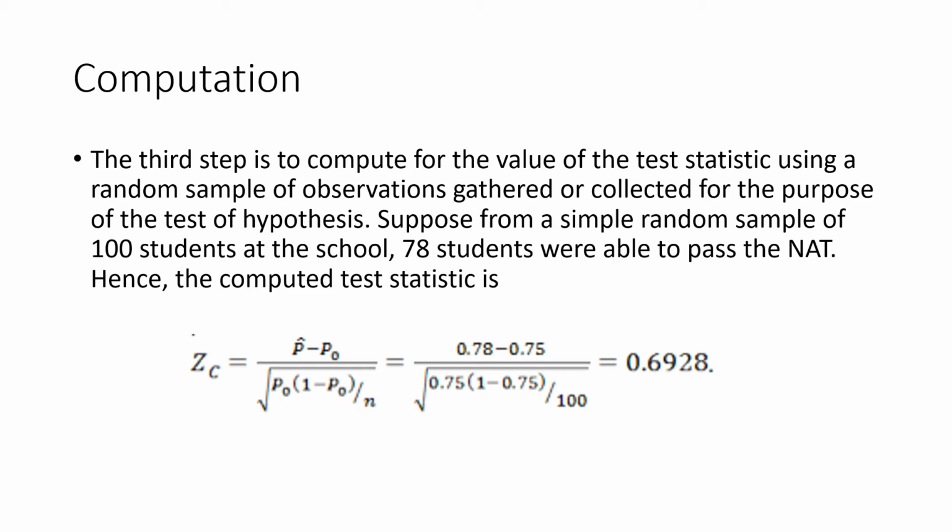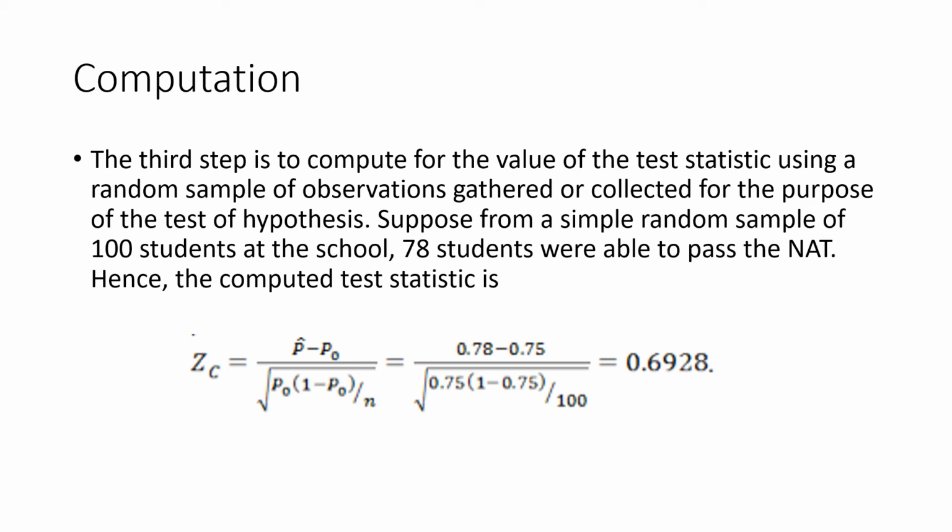And for the computation, the third step is to compute the value of the test statistic using a random sample of observations gathered or collected for the purpose of the test of hypothesis. Suppose from a simple random sample of 100 students of the school, 78 students were able to pass the NAT.